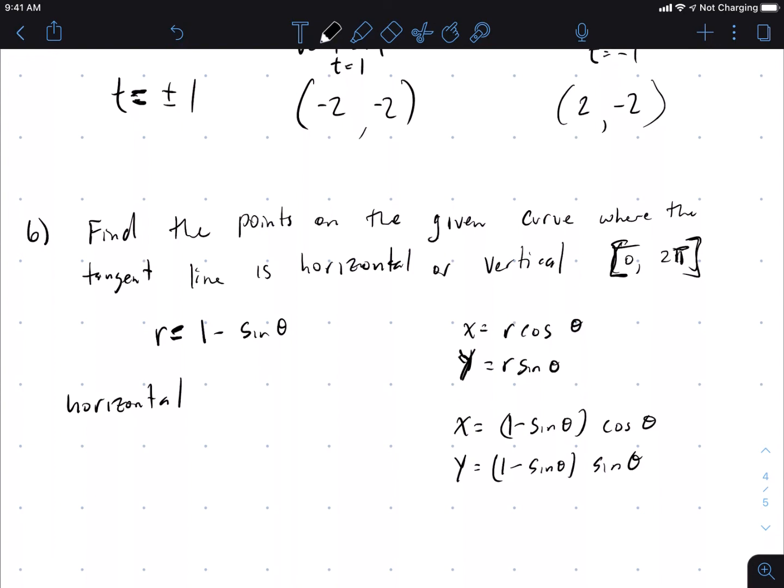You agree with that, correct? Yes. Okay, so then when we look for the derivative for the horizontal, we're going to be looking at dy d theta, correct? Right. Okay, so what's the derivative of dy d theta?